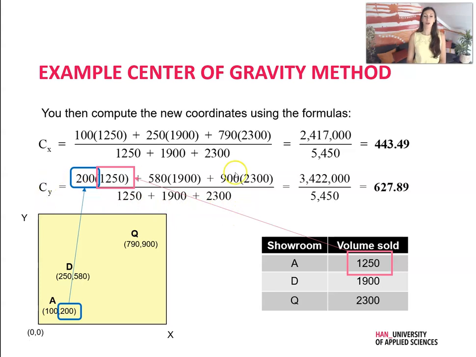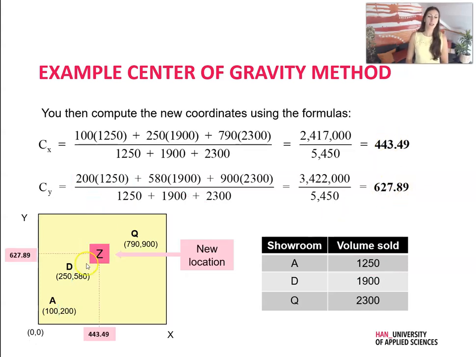And the new y coordinate will be 627, so almost 628. So how does that look? Now we have x and y coordinates, and this is where the new warehouse should be, at 443x and almost 628y. If we have a new distribution center there in location Z, we would minimize the transportation cost to support all these showrooms.